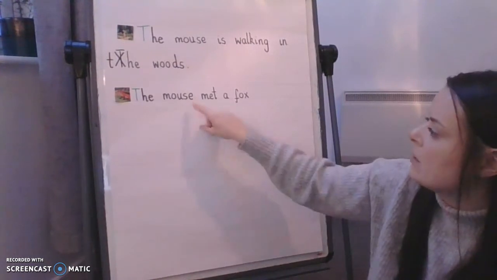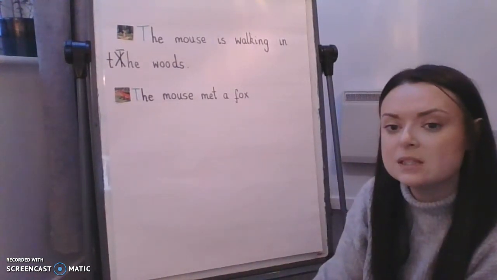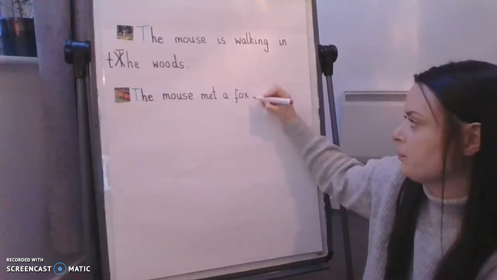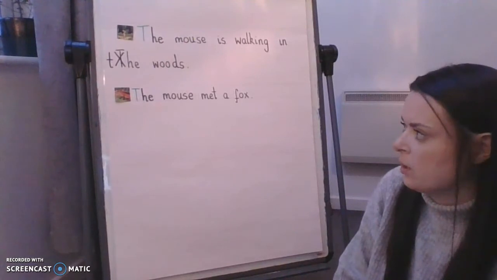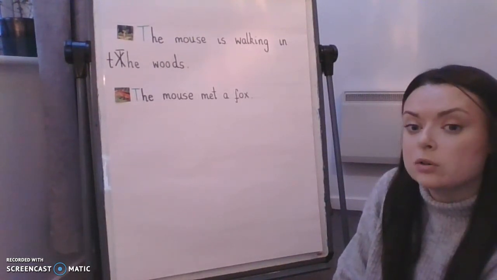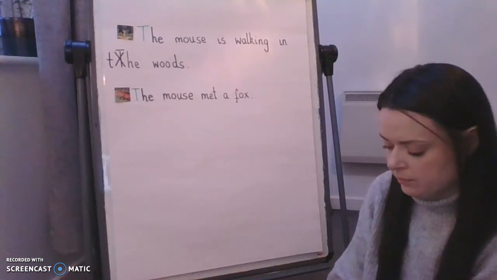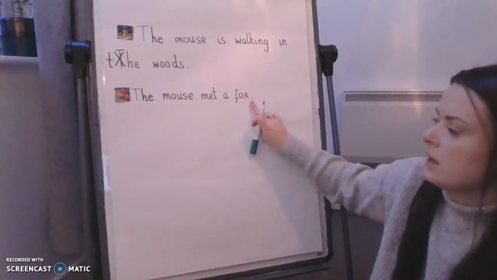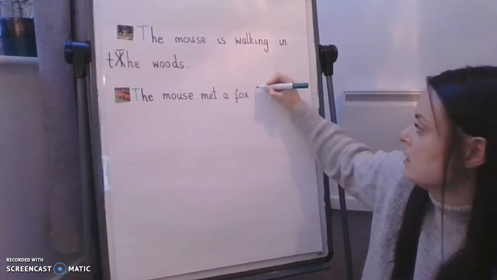Okay, so the mouse met a fox. What do I need to finish my sentence? Full stop. Brilliant. So the mouse met a fox. The fox wanted to eat the mouse. So again, now I've got a full stop, I need to start my sentence with another capital letter.